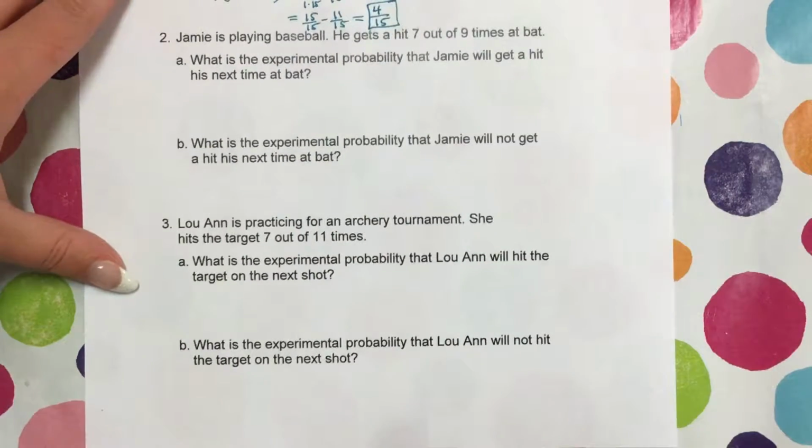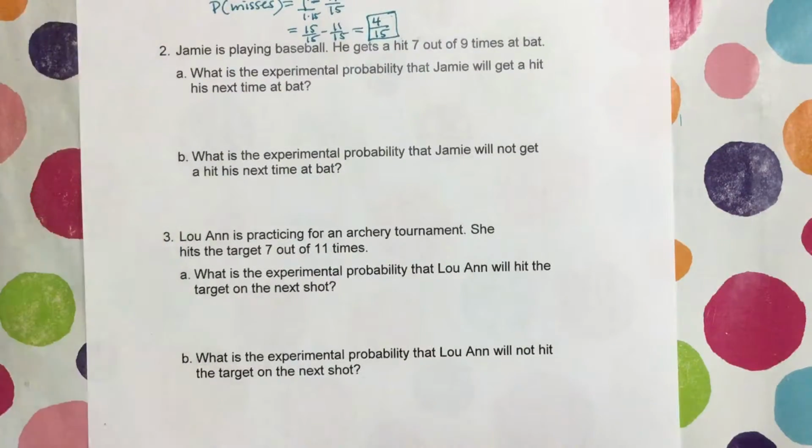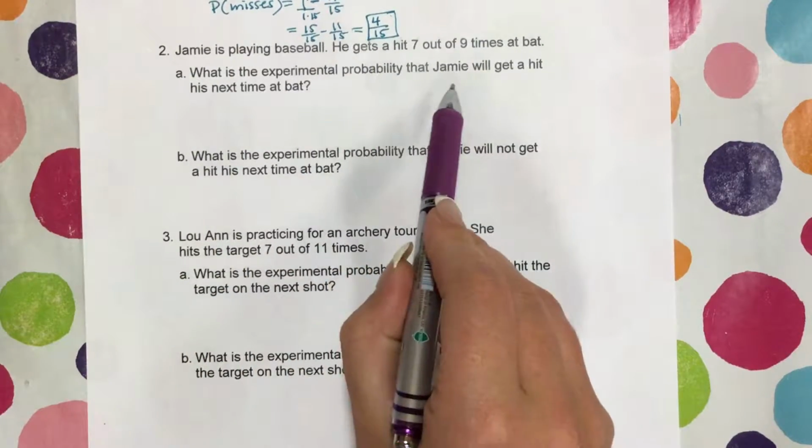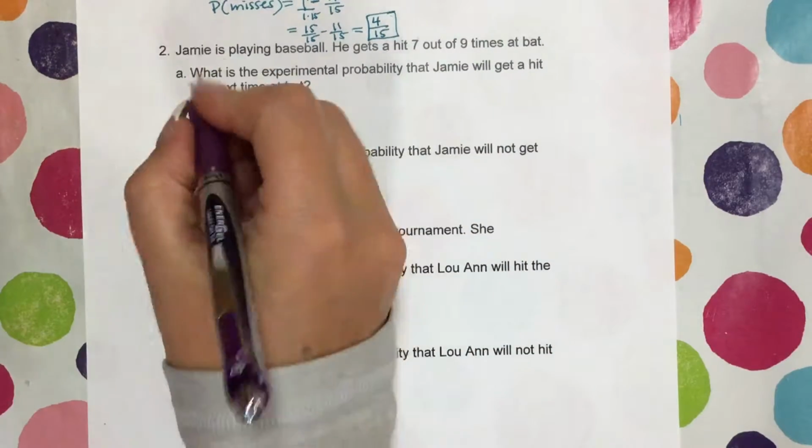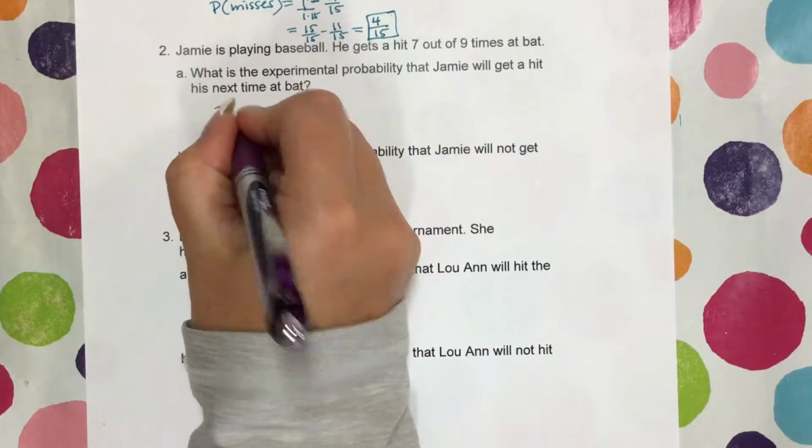Problem number 2. Jamie is playing baseball. He gets a hit 7 out of 9 times at bat. What is the experimental probability that Jamie will get a hit his next time at bat? Cool. So we're going to say, what's the probability of a hit?